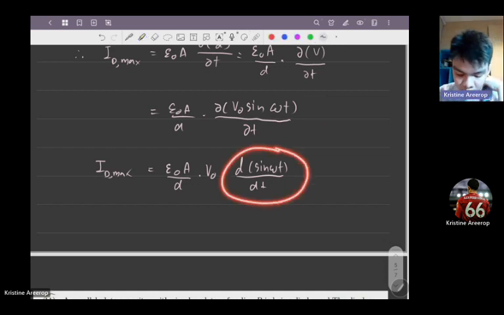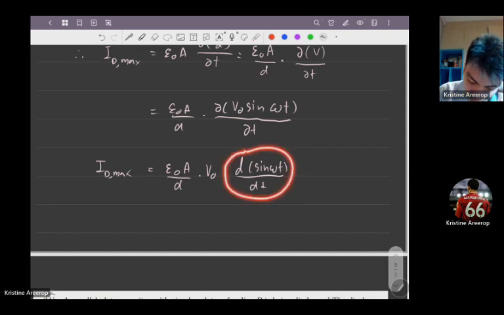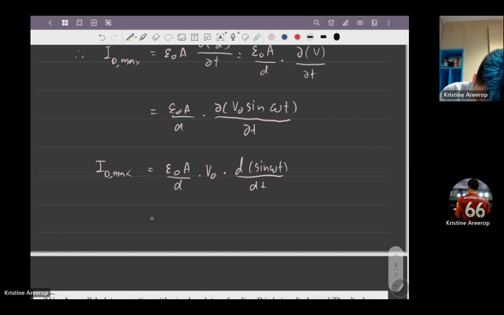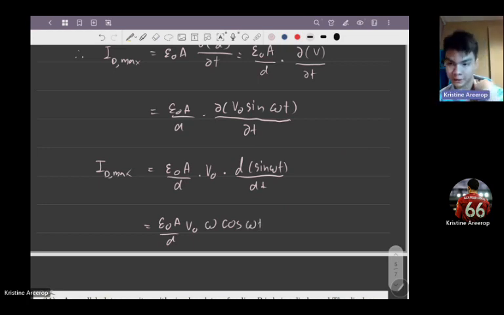This differential is equal to omega cos omega t. So epsilon 0 A V0 omega cos omega t by d equals ID max.